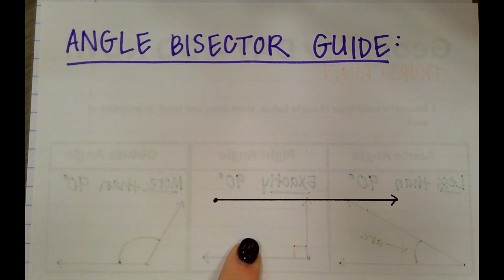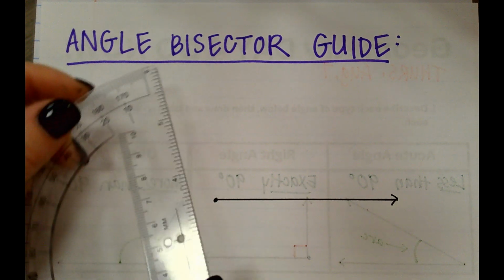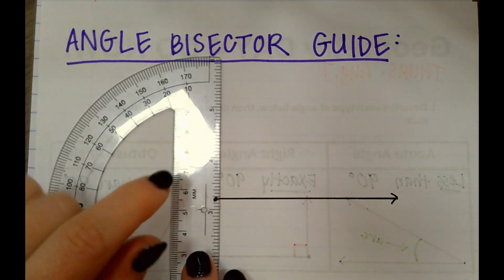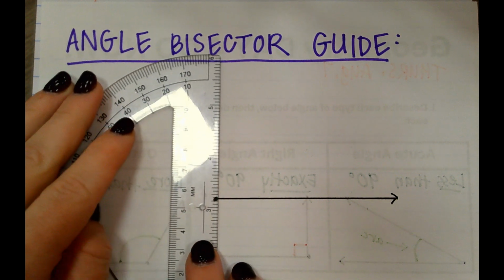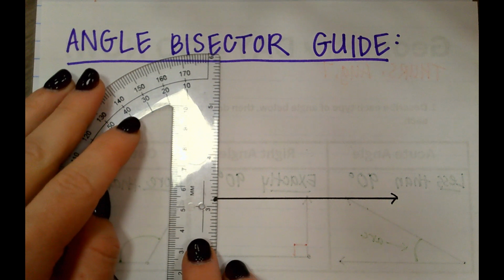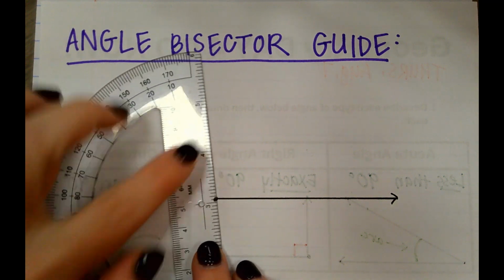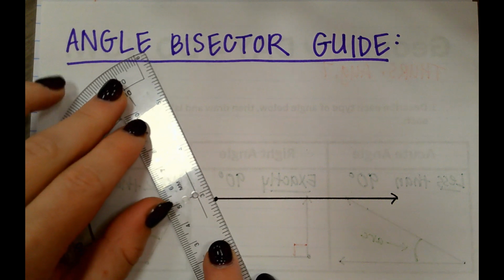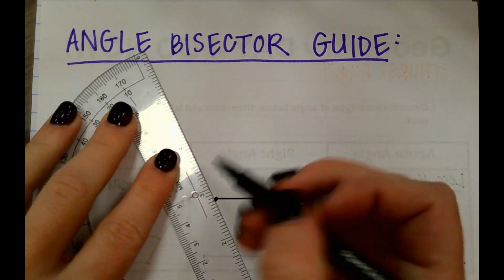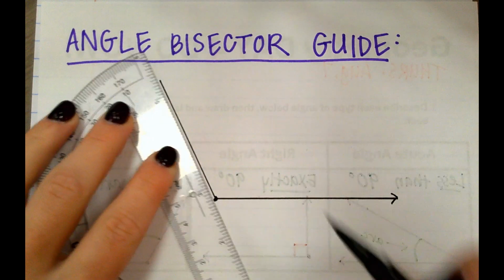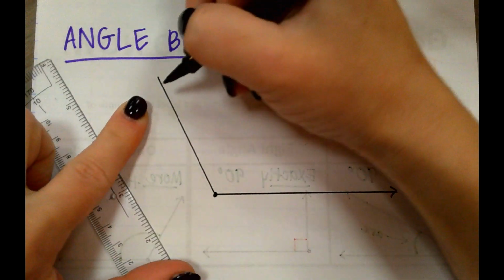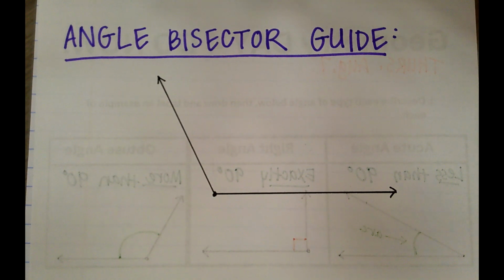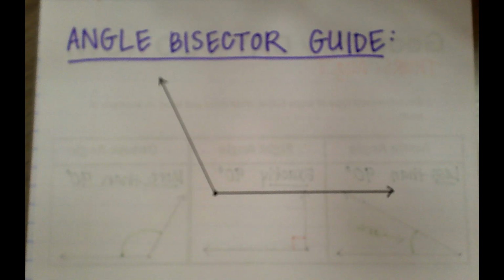Okay, and once you've got that ray, let's make an obtuse angle. Is an obtuse angle more than 90 or less than 90? More than 90, good. So instead of straight up and down, let's tilt it outside a little more. And we'll draw another ray coming off of that same point. So here's our angle to begin with.